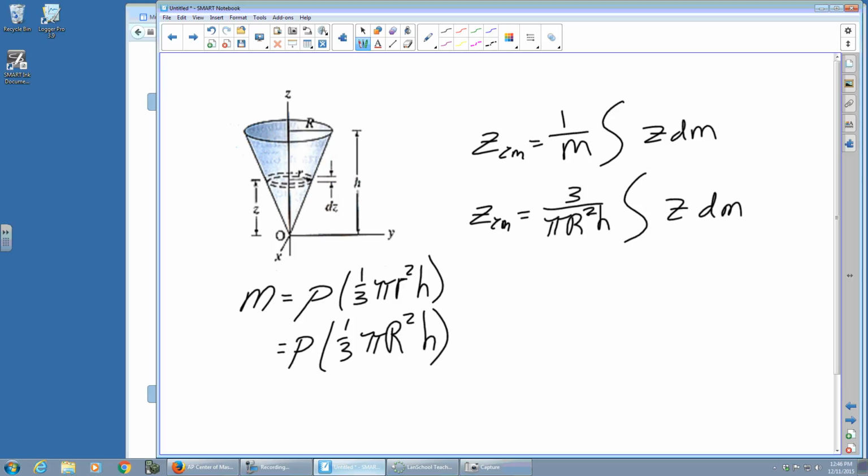What's our next step? But our shape isn't a cone now. It's a disc, right? So what's the volume of a disc? Pi r squared h. So we can write the same thing.